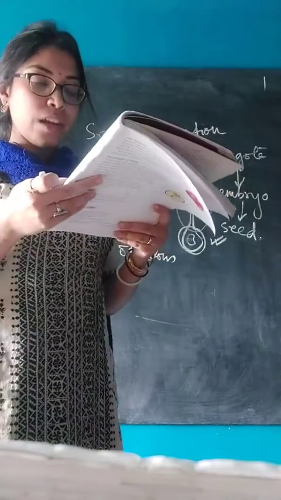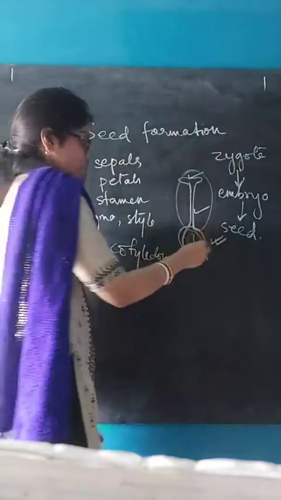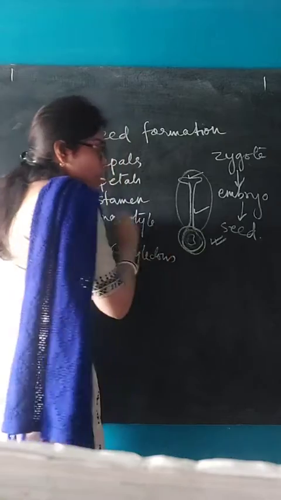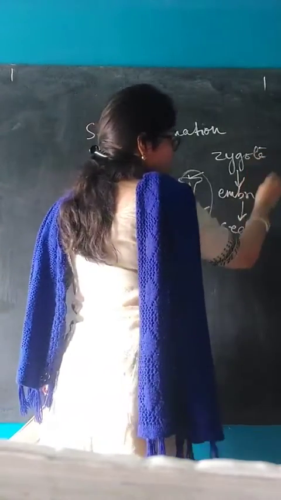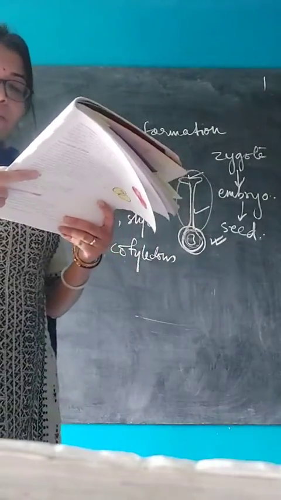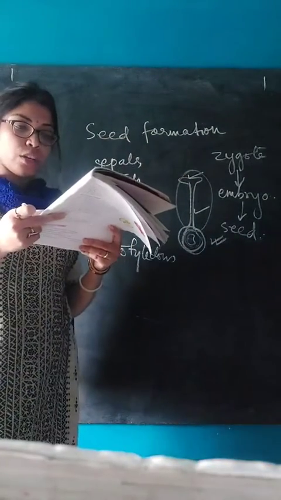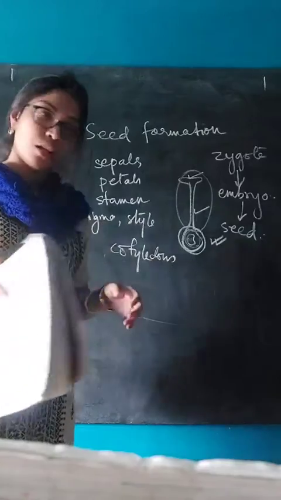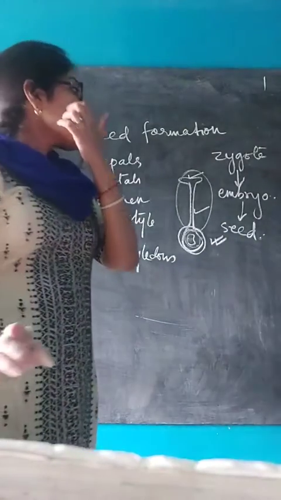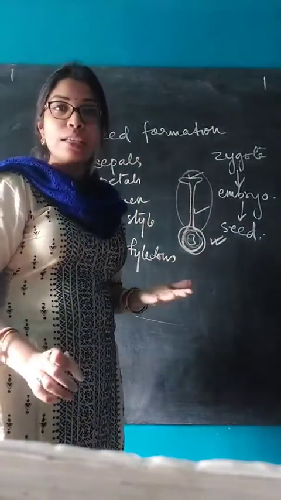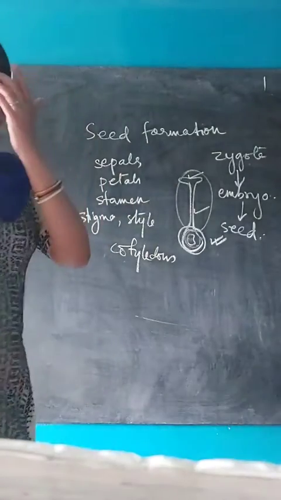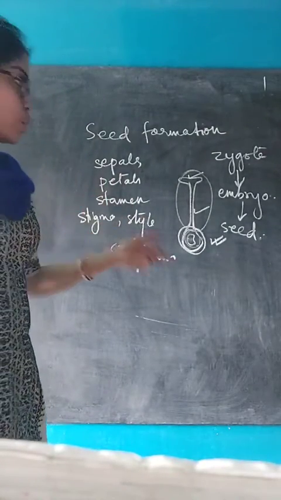The fertilized and developed ovule changes into a seed. So now this ovule changes into a seed. Zygote develops into embryo, embryo develops into seed. A seed is a fertilized and mature ovule which can grow into a new plant under favorable conditions. So if we have to define what a seed is, we can say that a seed is a fertilized and mature ovule.